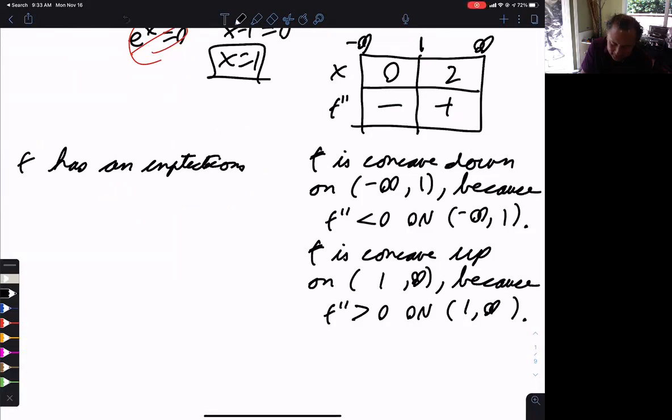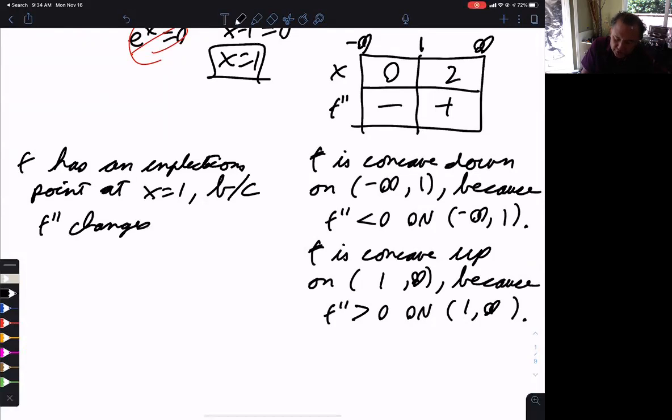Whoops, that's an L, not a T. Inflection point at x equals 1. What's the reason? Because f double prime changes signs at x equals 1.